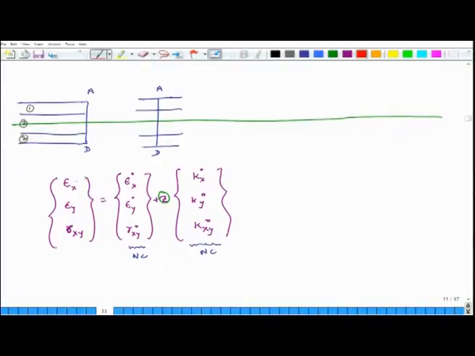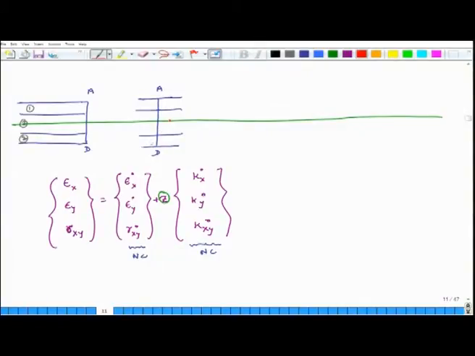So, suppose we want to plot epsilon x along line AD. The strain will be the mid plane strain, and then as I go up or down, depending on whether the curvature is positive or negative, the overall strain will vary linearly, because it is a constant plus z times another constant. So, it will be just a straight line.